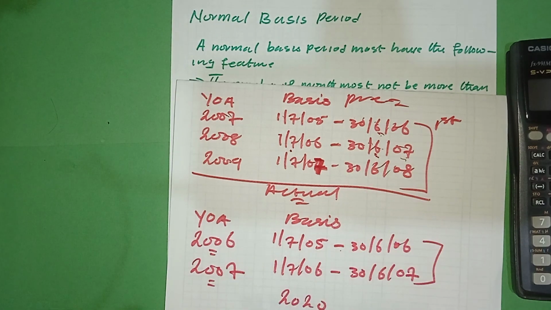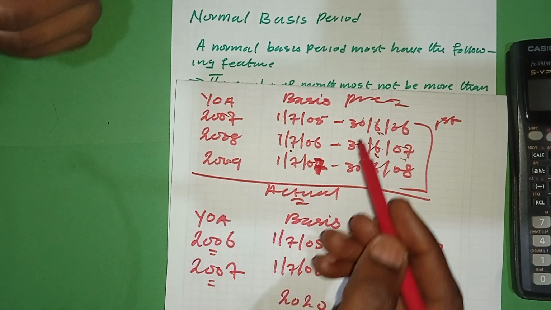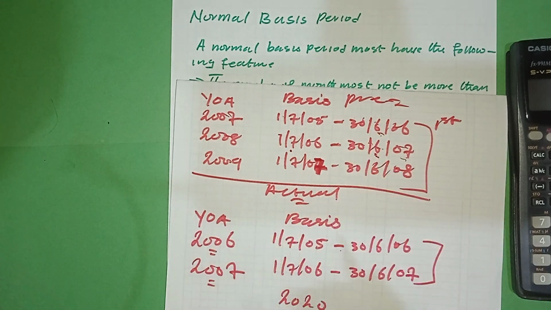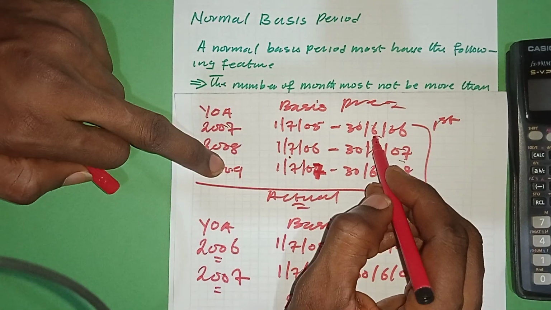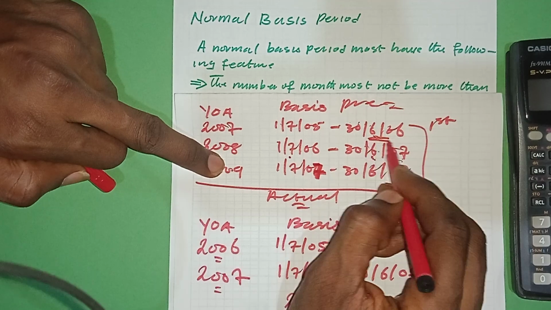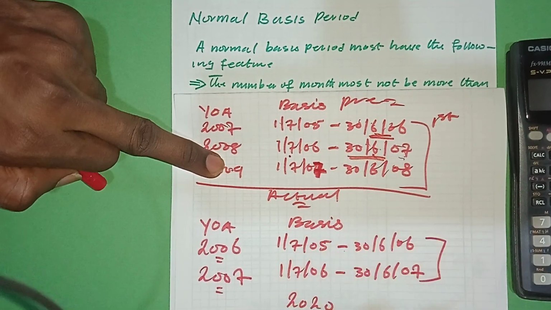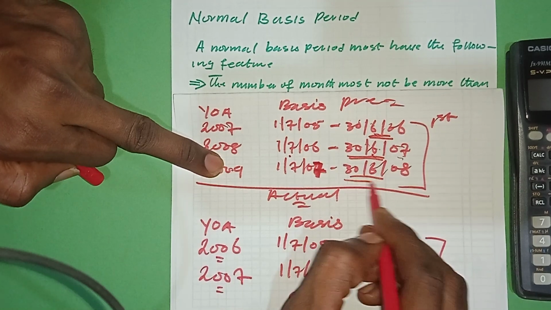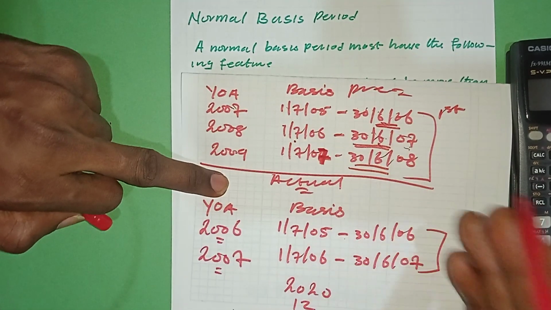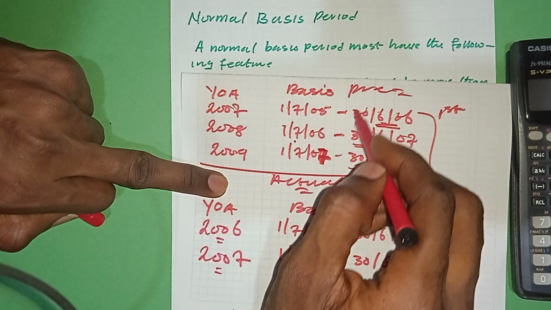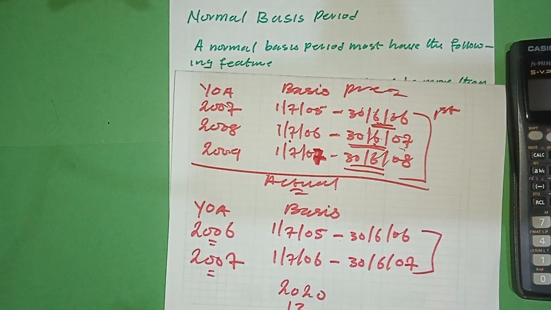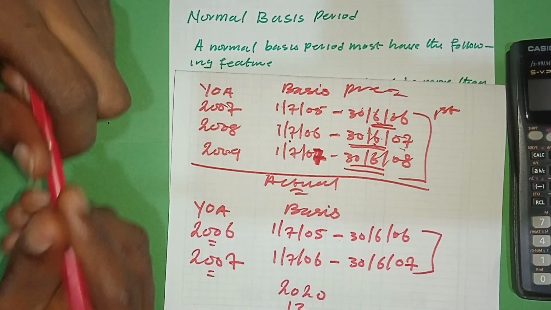Let's say for example 30th July. It ends here every year. If it continues, it will continue to end here. That is what makes up a normal basis period.